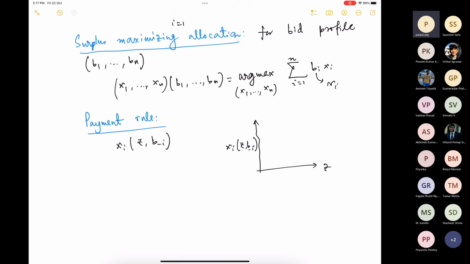Yeah, so that's why I write bi, because when you are defining an allocation rule, the allocation is a function from bids to allocations. So here I am defining an allocation rule, and an allocation rule by definition is a function from bid profile to allocations. That's why I did not write vi there, but you are right.